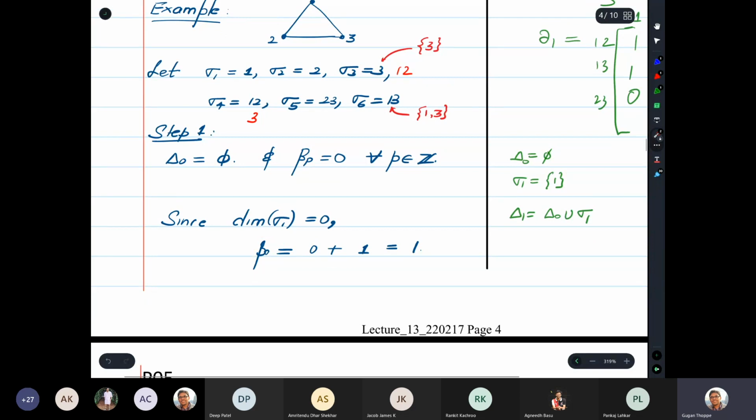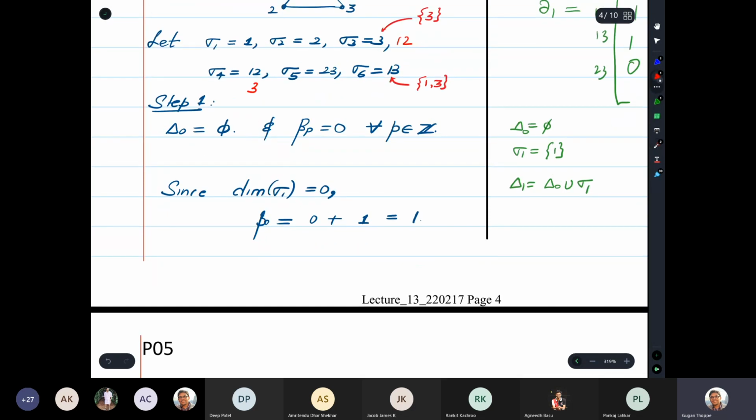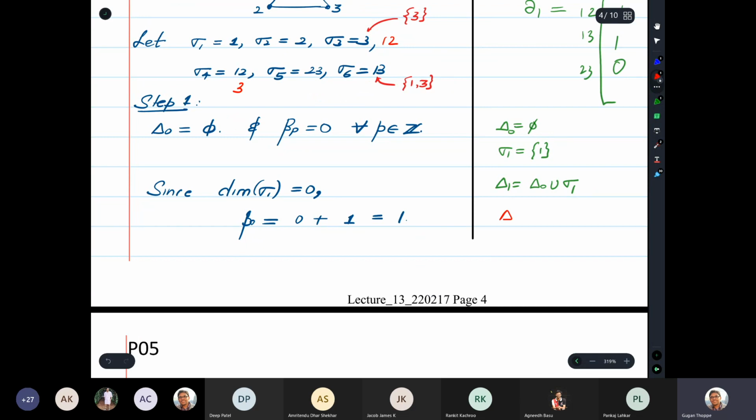We don't have to check any condition, because in this case one can show that the condition actually trivially holds. All right, so Betti 0 we'll just increment by 1, and so now in delta 1, I hope you agree, there is only this vertex 1, and the Betti numbers of this simplicial complex are Betti p is 0 for all p, but Betti 0 is 1, right?